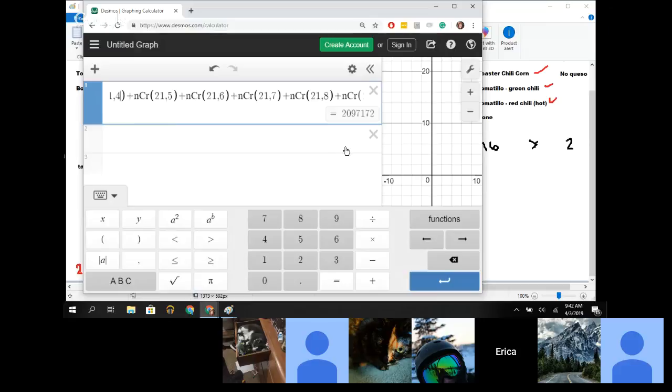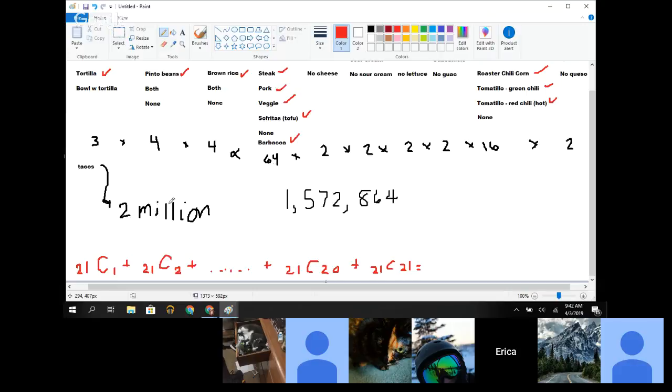Okay. So if we do the methodology where we do 21 choose 1, all the way through 21 choose 21, we end up with 2,097,172. So that number is actually the same number that we would have had if we would have done tacos.